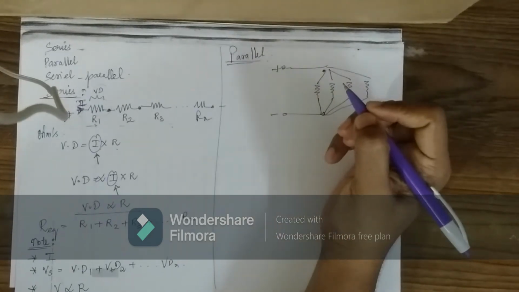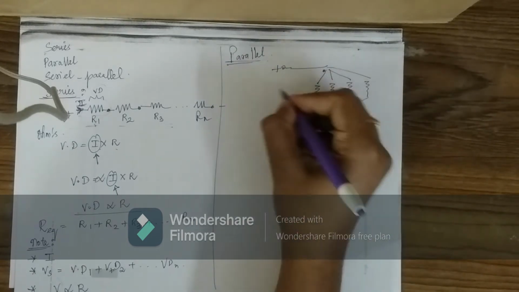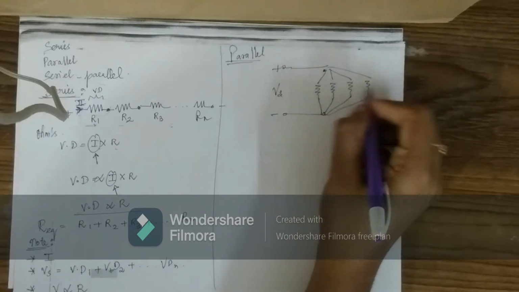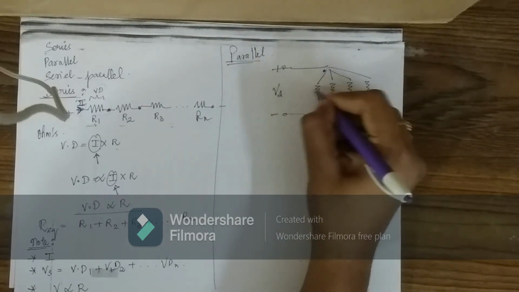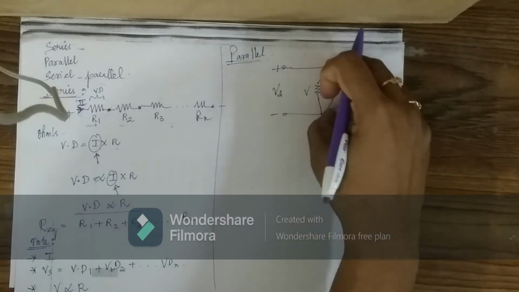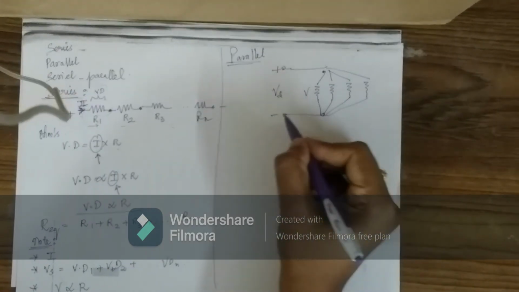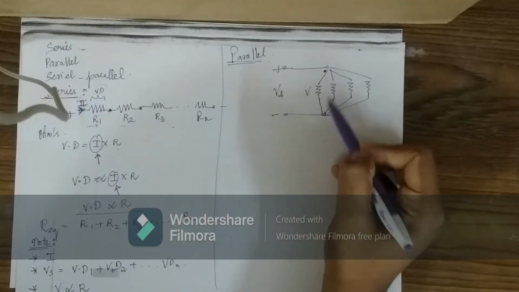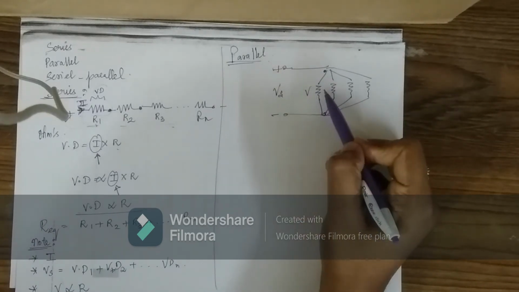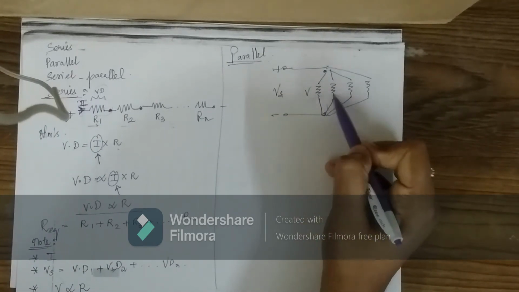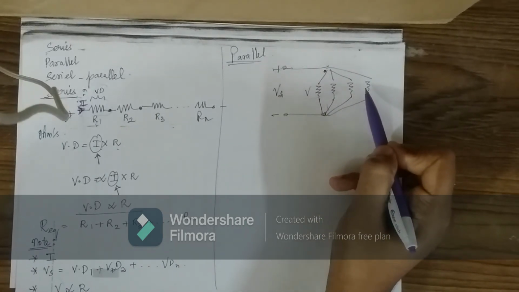This is the positive terminal. As they are connected in parallel, every component will have the same voltage drop. The voltage drop across these 2 points is equal to your supply voltage. So the voltage drop across each resistance is the same.